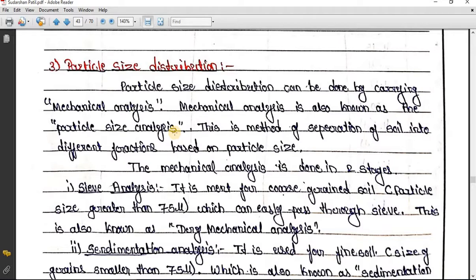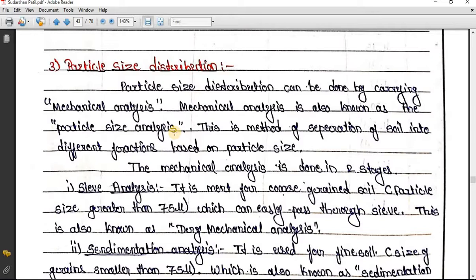If I take fine grained soil, what is fine grained soil? Fine grained soil is nothing but a soil whose particle sizes are less than 4.75 mm. And what is coarse grained soil? Coarse grained soil is the soil whose particle sizes are more than 4.75 mm.